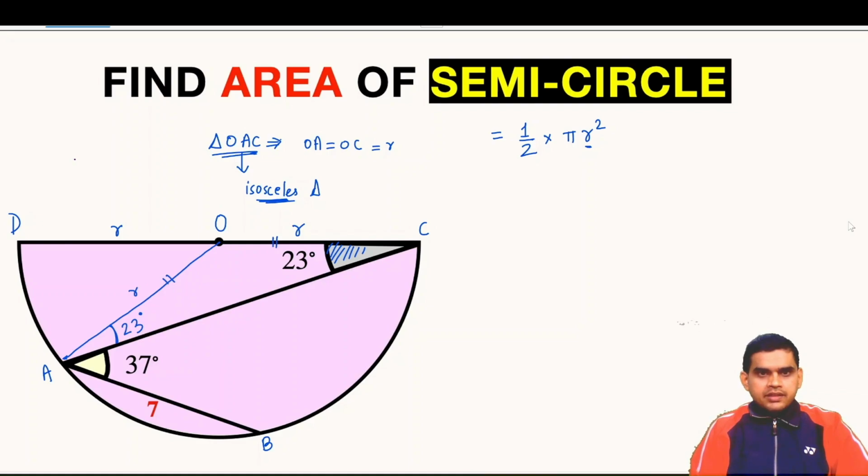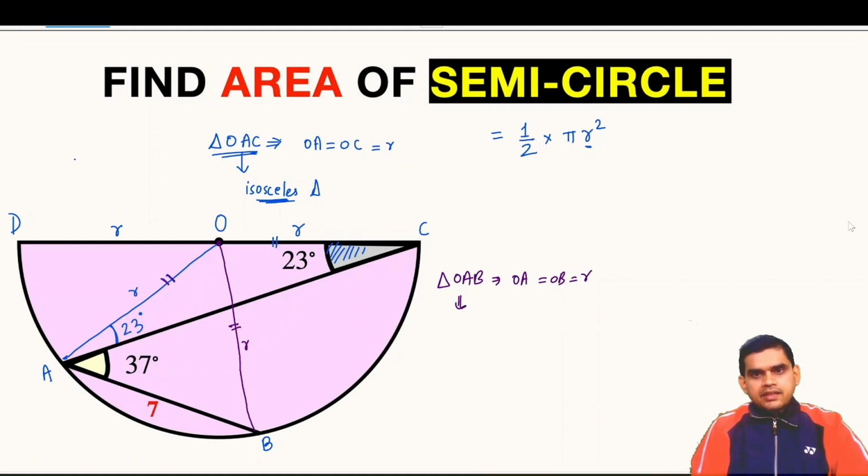Now let us join points O and B. So if we see, OB is also the radius of this semicircle. So now let us focus on triangle OAB. In triangle OAB, we can see that OA is equal to OB because again both these are the radius of the semicircle.